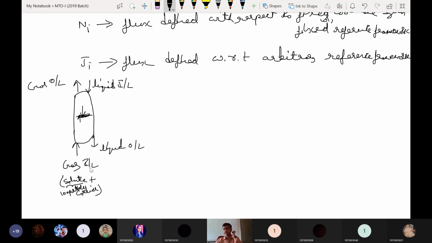We will be measuring not in particles but in concentration. For your understanding, I am telling 100 particles of solute are there. Among this 100, how many are transferring into the liquid and how many are there in the outlet of the gas? Okay, 50 are transferred here and 50 are coming out along with the gas outlet.